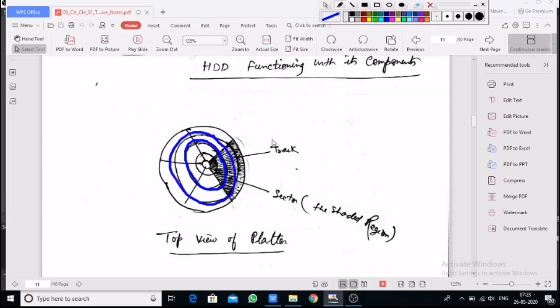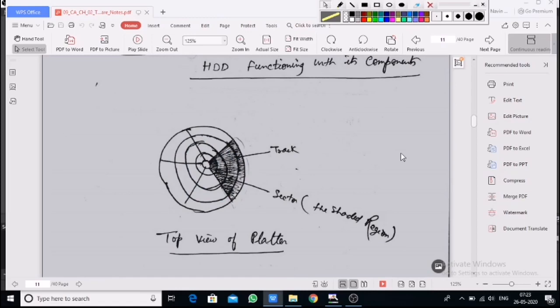This is a track, and this one is a sector. The sector is where data is written. It writes in a sector only, right? This is a sector. So this is how it works, right?